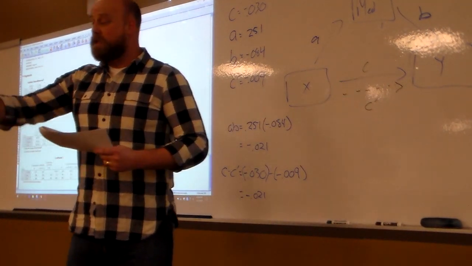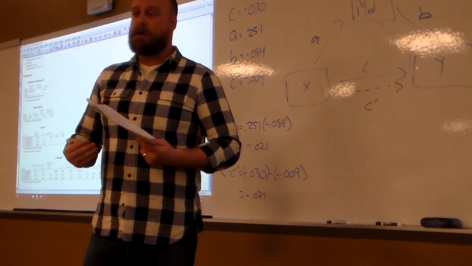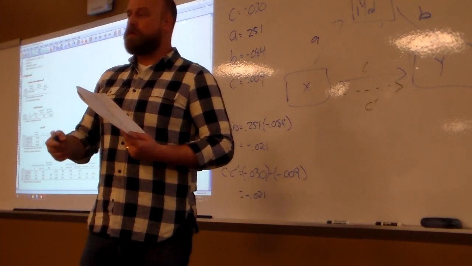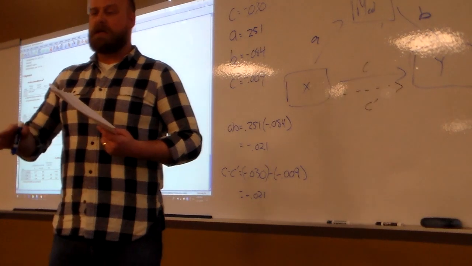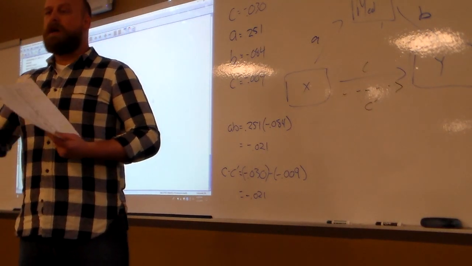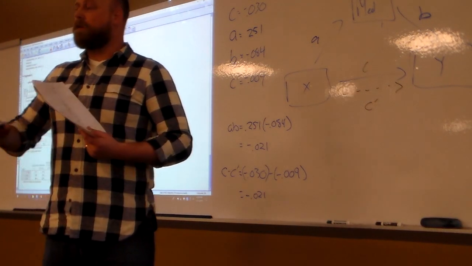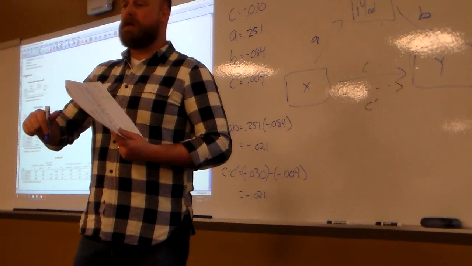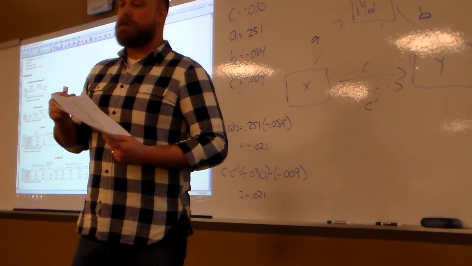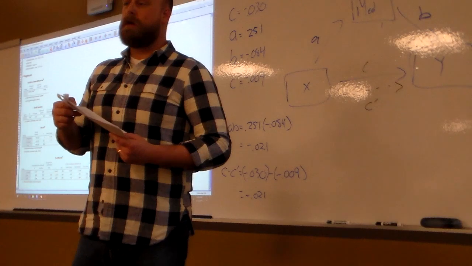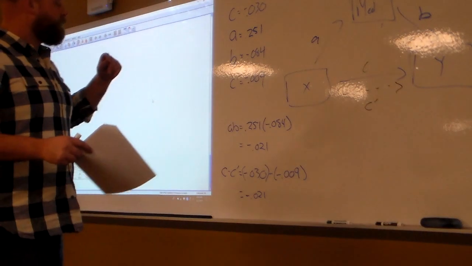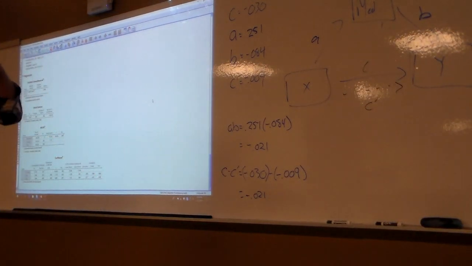Now remember, write this down: we're always working with our unstandardized coefficients here. You'll screw this up, because I did it, everybody does it, and you start multiplying your standardized coefficients, and then things go astray quickly. Always work with unstandardized coefficients, okay? So here, is my residual path statistically significant in my third model?